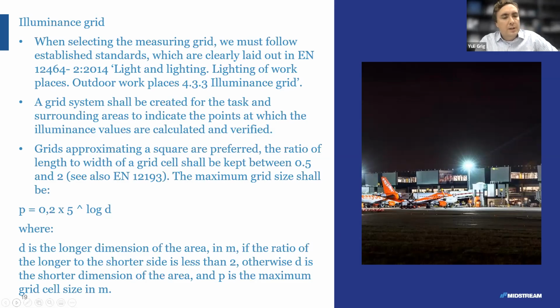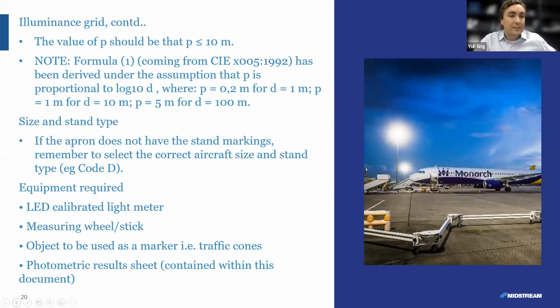So, grids approximating a square preferred, and the ratio of the length to the width of a grid cell should be kept between 0.5 and 2. And there's also something we need to have a look at, which is the standard 12193. But the maximum grid size is basically along this formula, and then the formula continues, and therefore we get to a grid, which we're going to show you in a minute.